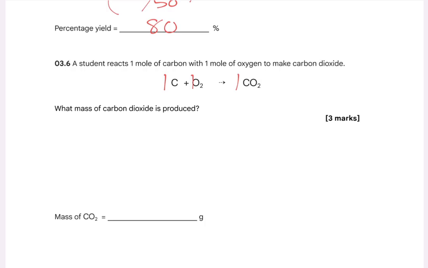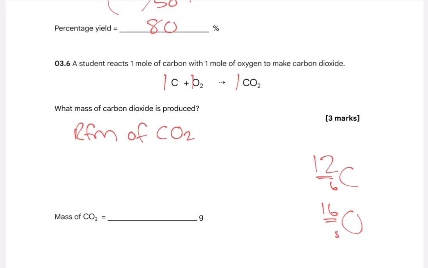which means we don't have to do too much fanciness with the RFMs and ratios, but in the first instance we do need to calculate the RFM of carbon dioxide, and so we need to know those numbers. Now they haven't given us them in this specific question, but if we were to use the periodic table, we would be able to generate the mass numbers of both of those atoms, being carbon 12 and oxygen 16, those being the top numbers of their atomic symbols.